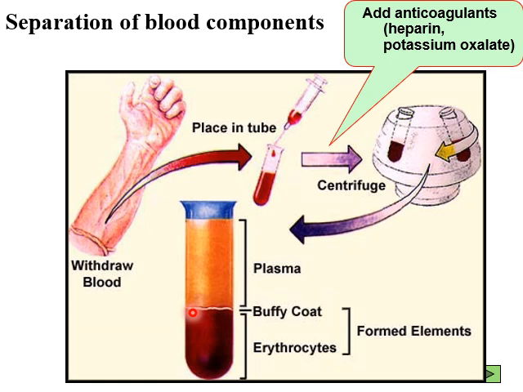Then the WBCs and platelets form a buffy coat or creamy white coat. They are less dense as compared to RBCs, and the fluid portion is the plasma. So you can separate even without the centrifuge, but if you want to speed up the process, you use the centrifuge machine.